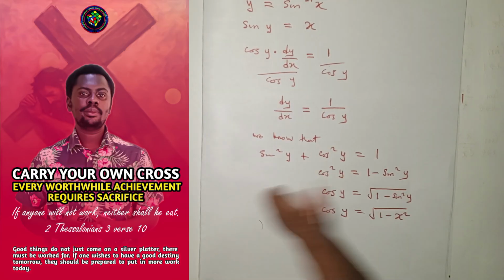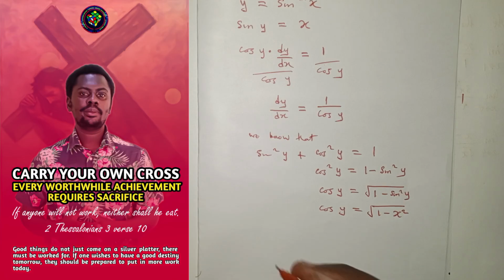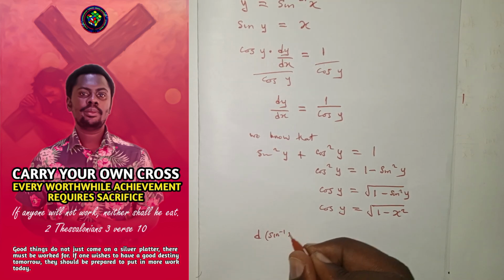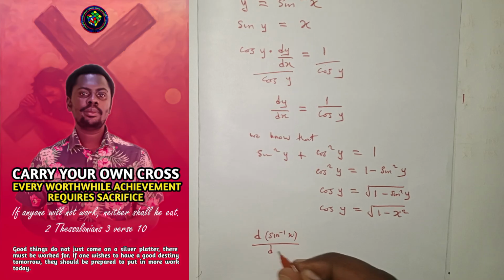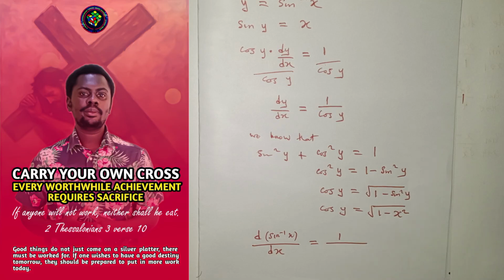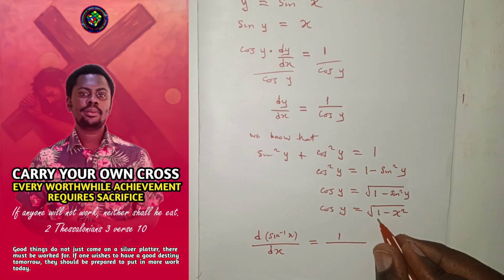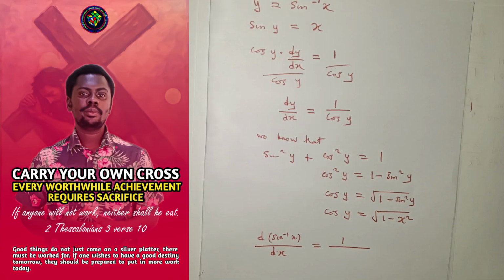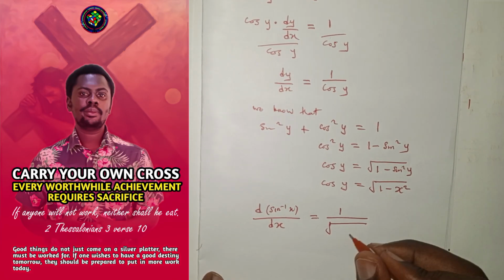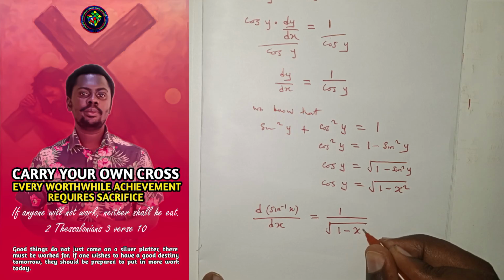Okay, we come back here, dy dx. So y is sine inverse of x. So d of sine inverse of x with respect to x is equal to, so we have 1 over cos y, which is just the square root of 1 minus x squared.